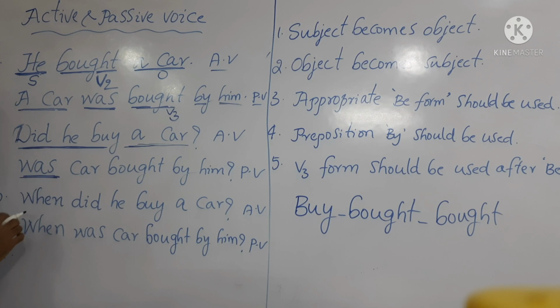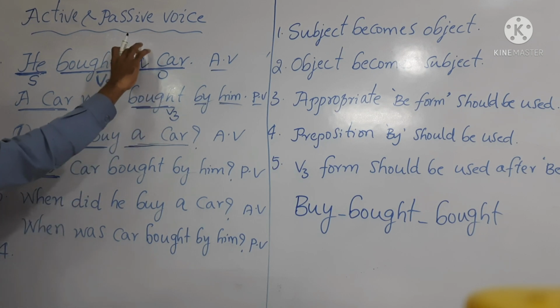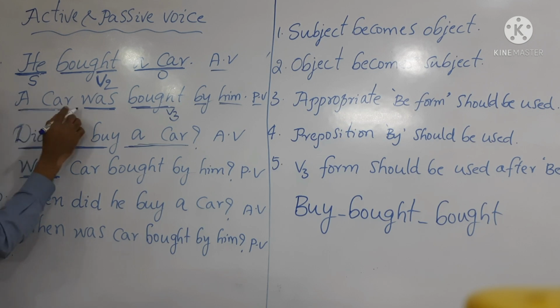When we change this sentence into passive voice, we need to start with the be form first. In an assertive sentence the structure is subject plus be form plus V3. But here we cannot follow the same structure, we cannot write the subject first.